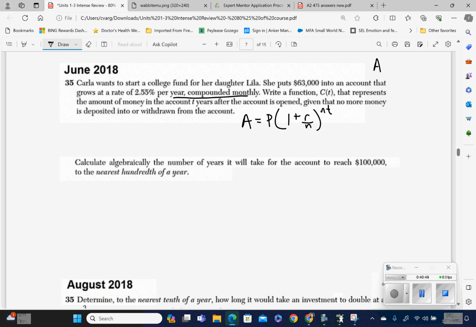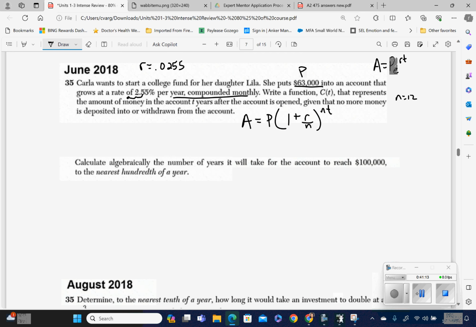If it says compounded continuously, it's A = Pe^(rt). So this is compounded monthly. Our n is equal to 12 because there's 12 months in a year. It's 2.55%, so our rate is equal to 0.0255.